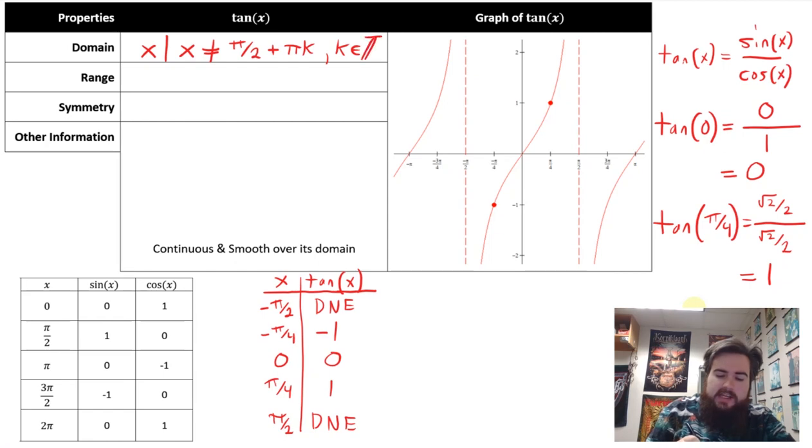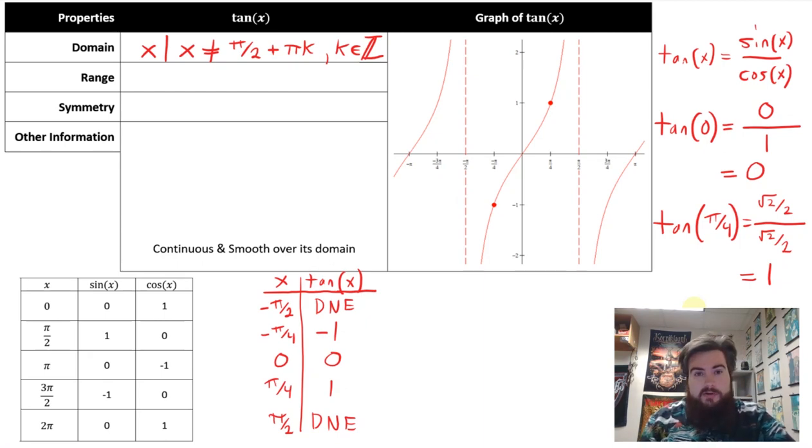This is the exact same domain as secant. The reason for that is both secant and tangent, when written in terms of sine and cosine, divide by cosine. Secant is 1 over cosine, tangent is sine over cosine. So cosine is the one that causes that issue.